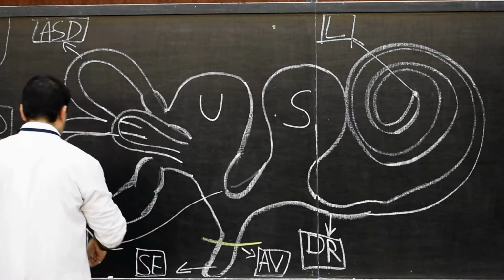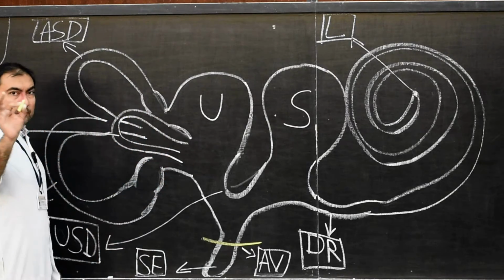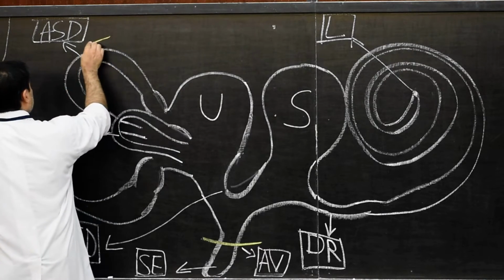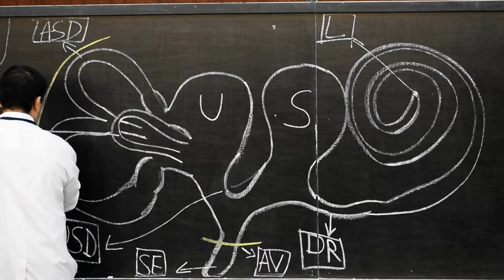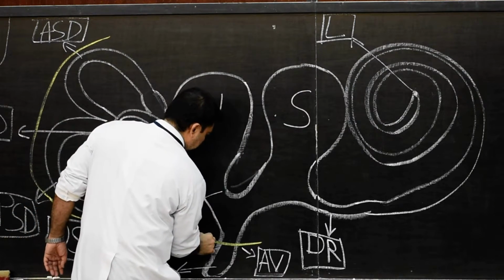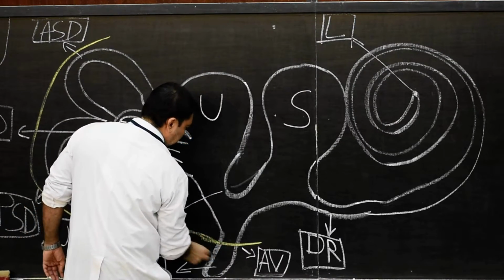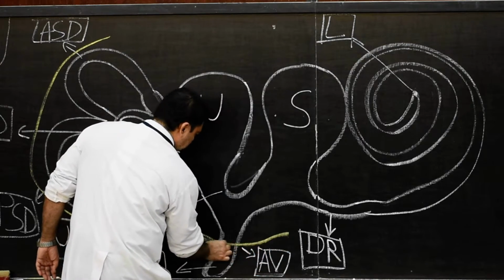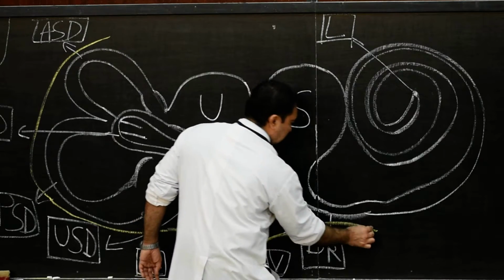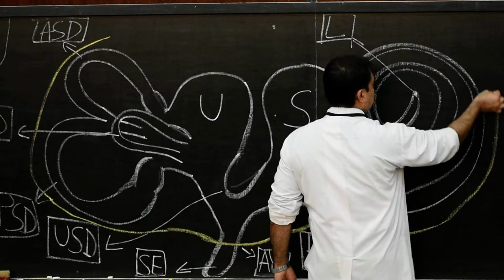So to show bony labyrinth, simply we have to draw, with the help of yellow color, a bony shelf. This is the bony shelf. This is how we have to draw. And here we will complete this bony shelf.